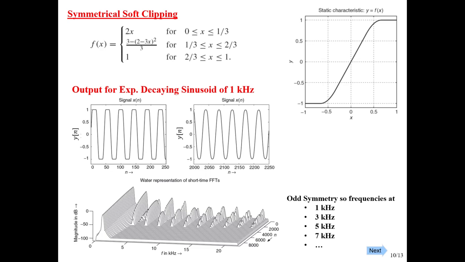And we can see that when we start with a high level input, with a sinusoid whose values are bouncing between plus and minus 1, we're getting a lot of distortion. And remember, distortion creates harmonics.